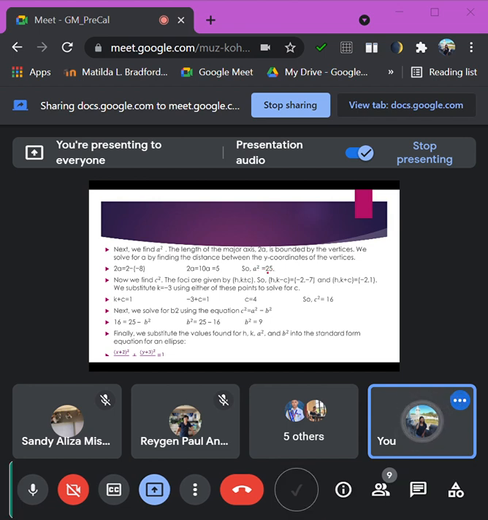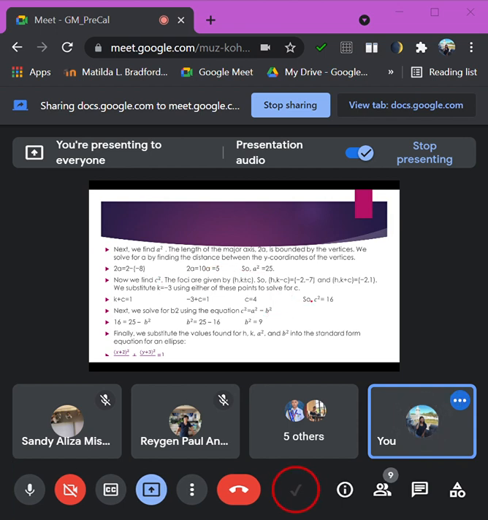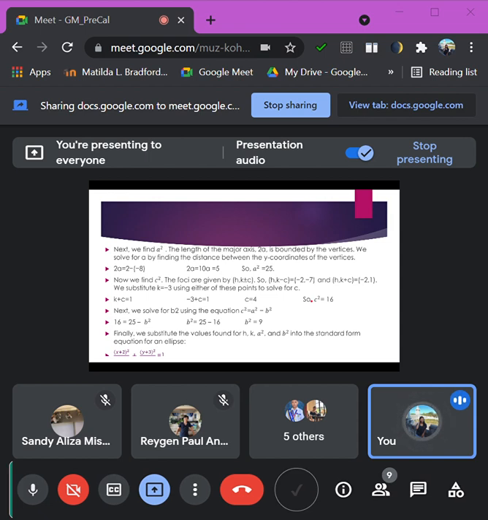Now, we move on to our C. So, C is found from our foci. And then, the foci are given by H, K plus minus C, and then H is equals to K minus C. So, that is equivalent to negative 2, 7, and then we have there 2 and 1.